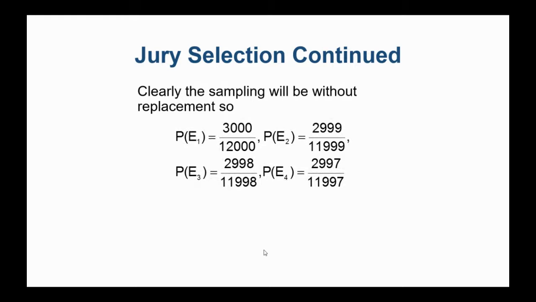I'm just going to show our probabilities here. The first time we pick, there will be the full 3,000 left, so 3,000 out of 12,000. That's the chance of an African American woman getting picked. Each time we're assuming one does get picked.